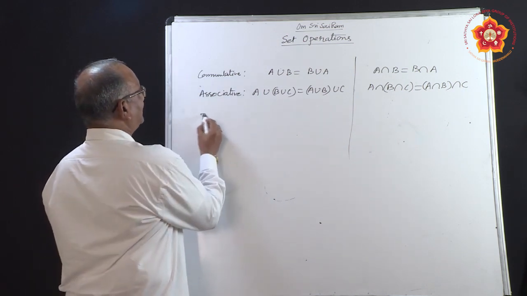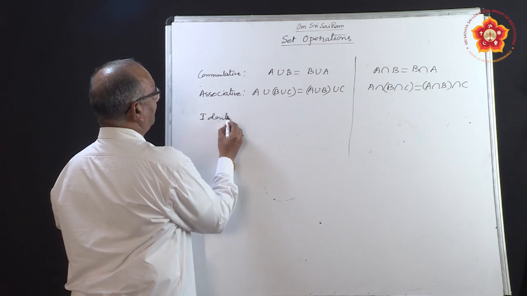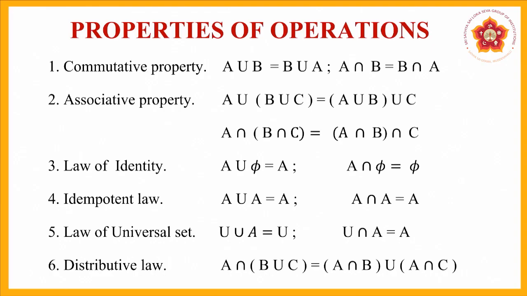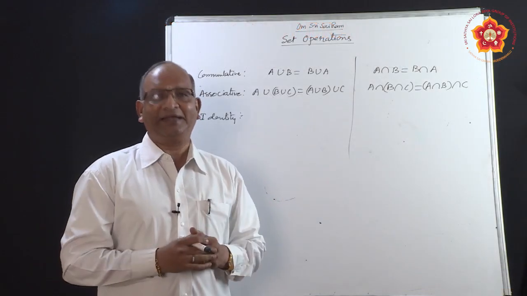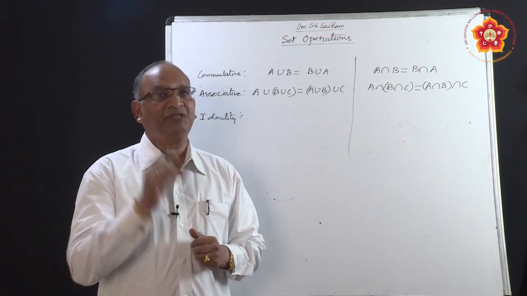Then the third one is about identity. If you recollect addition of numbers, we know that in the set of integers, we have a number 0.